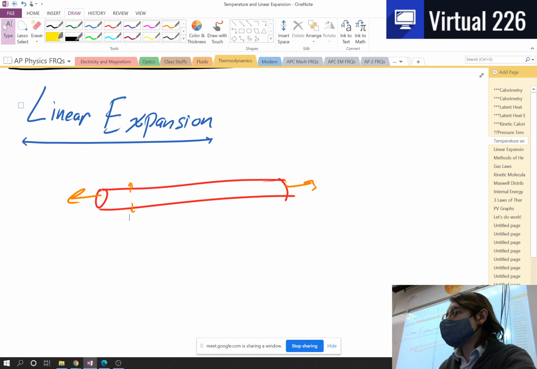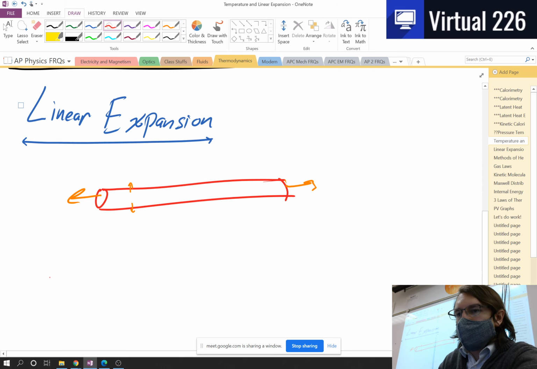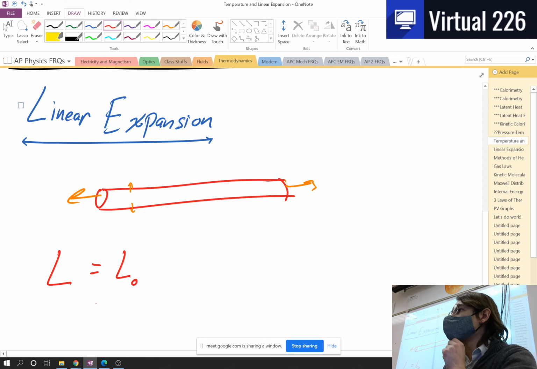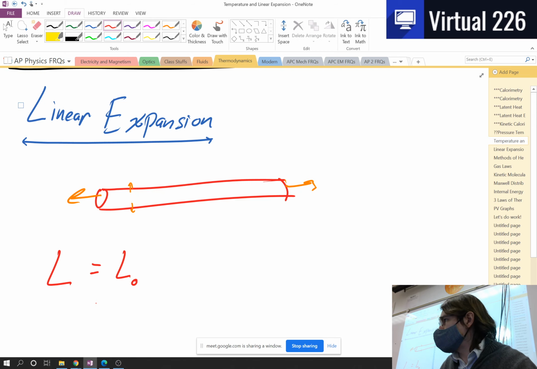And the way a linear expansion works is as follows. The new length of the rod. So this is like the new length of the rod here. This is equal to the original length of the rod, and that original length is the length of the rod at some temperature, okay? So it's like the length of the rod at 23 degrees Celsius. It's at that temperature.